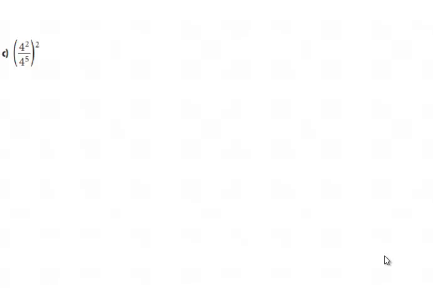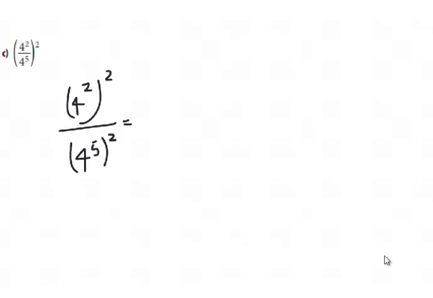The next example is to simplify 4 exponent 2 divided by 4 exponent 5 exponent 2. So again, I use power to power and I distribute the exponent 2 inside the bracket. So I get 4 exponent 2 divided by 4 exponent 5 exponent 2.